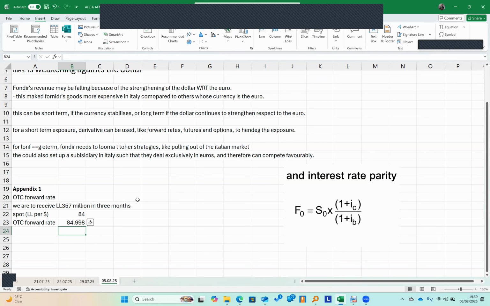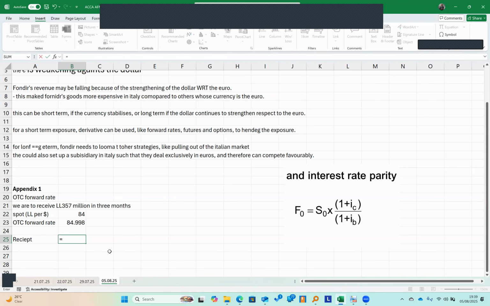So that gives us 84.998. That's the over-the-counter forward rate. And now we can easily calculate the receipt. Now, this rate here is in LL per dollar, and we want to convert to dollars, so we are going to divide. When you are converting to the base currency, you divide.